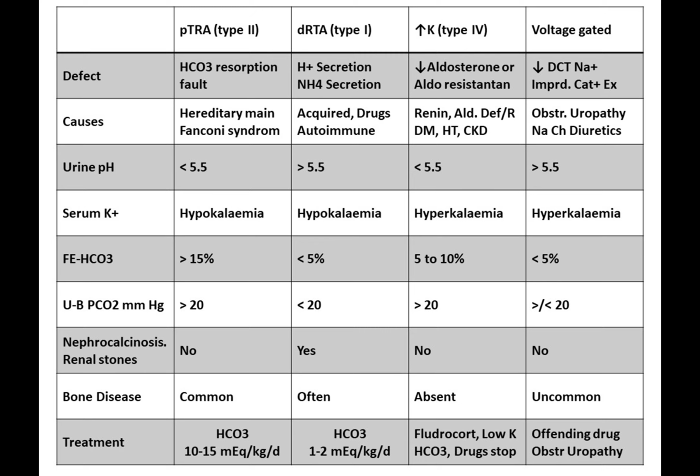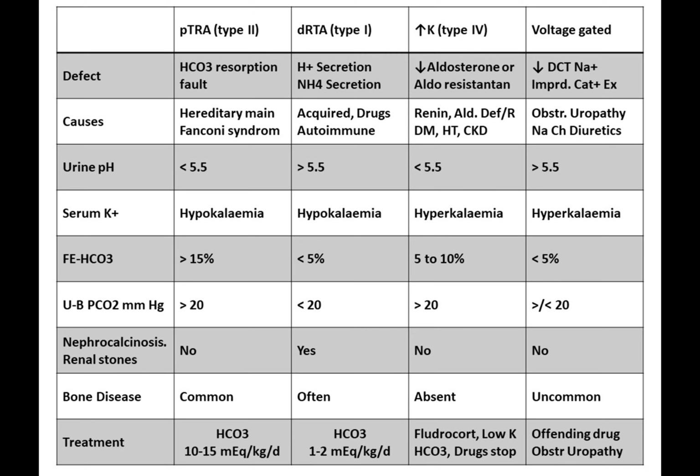Okay, and urine pH, you see it is very acidic here, and the same thing here. These two are acidic urine, these two are less acidic urine. Potassium, hypokalemia in the first two, hyperkalemia in the next two. Fractional excretion, of course, in the PRTA it is less than 15%, DRTA it is less than 5%, and voltage gated also less than 5.